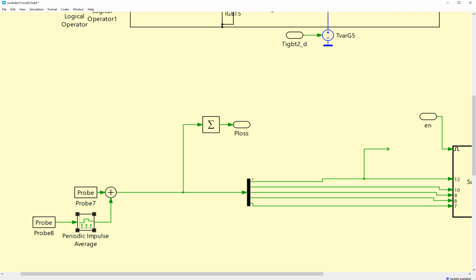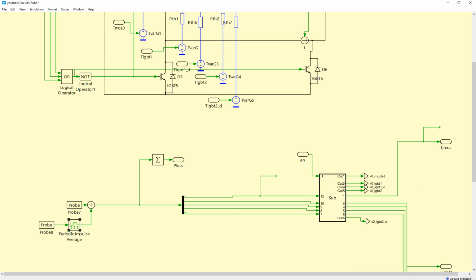So this is an approximation of the instantaneous switching loss, but we know this is not exactly the current switching loss. This is the switching loss from the previous configuration, the previous switching period.